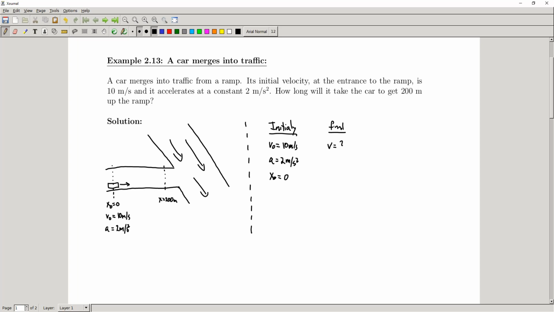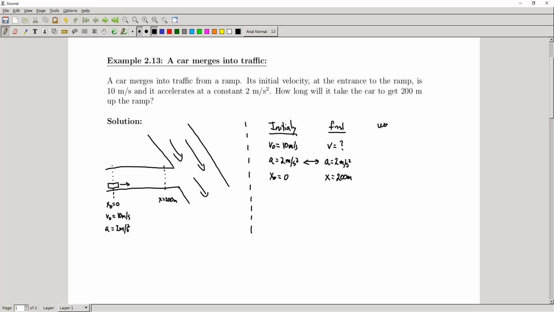Well, we don't know what the final velocity is. Maybe we'll find it out as we're going through the problem, but it's not what we're being asked, so we don't need to find it unless we accidentally find it. Our acceleration is constant, so that's just going to be 2 meters per second squared for the whole problem, and that's good. It has to be if we're going to apply the equations that we developed in the last video. And our final position, our x, is going to be equal to 200 meters.